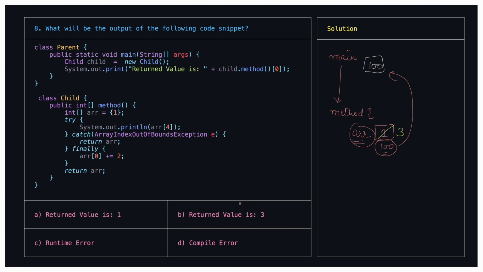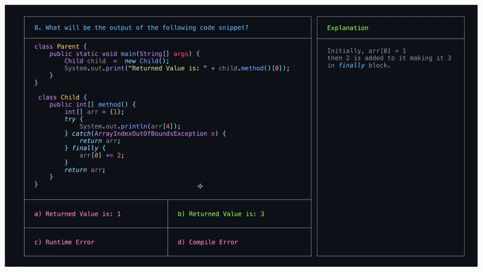So after execution of the finally block, when we try to access address 100, there is a new value which is 3, updated by the finally block. The explanation is very simple. Initially ARR 0 was 1 and then 2 was added at the same address by the finally block to make it 3, right?